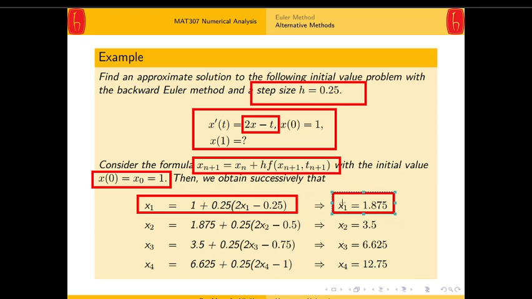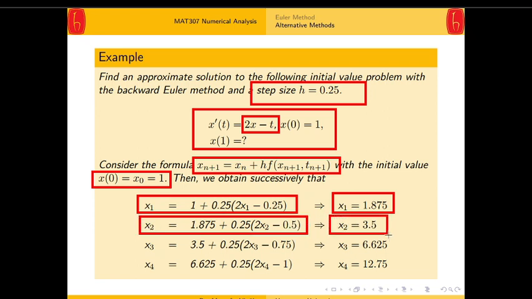Okay, since we have x1, we can use the x1 value to obtain x2. In this formulation, if we choose n is equal to 1, then x2 will be equal to x1 plus h times f of x2 comma t2. So x2 will be equal to x1, which is found from here, plus h times 2 times x2 minus t2, where t2 will be equal to 0.5. So this way we can find x2.